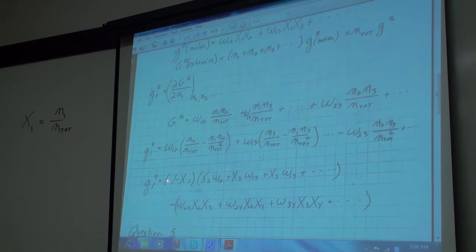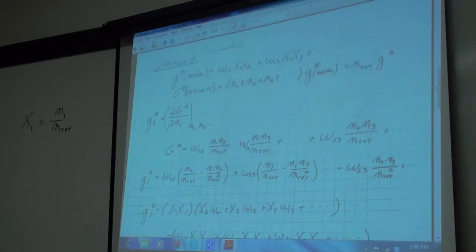So G excess of 1 is 1 minus X1 times the sum over all the binary systems that contain component 1, 1-2, 1-3, 1-4, etc. And for all the systems that do not contain component 1, it's just minus the corresponding term. Once again, the important thing is, don't forget to put the N total in before you differentiate, otherwise you'll come out totally wrong. You differentiate by parts, and the derivative of 1 over N total, where N total is N1 plus N2 plus N3, is minus 1 over N total squared, and so on.